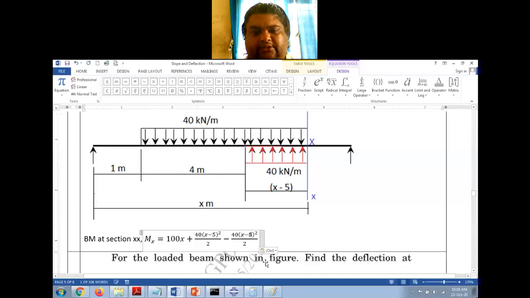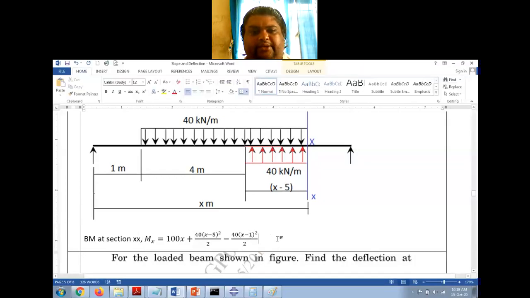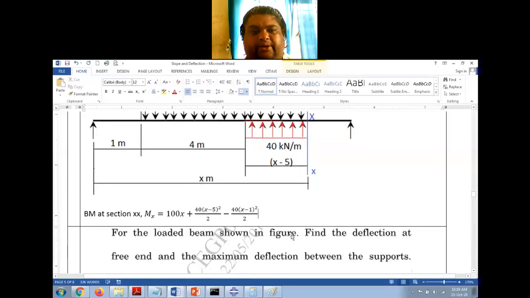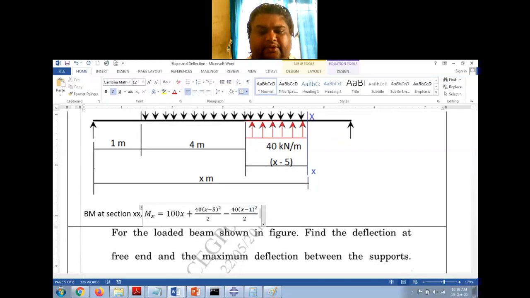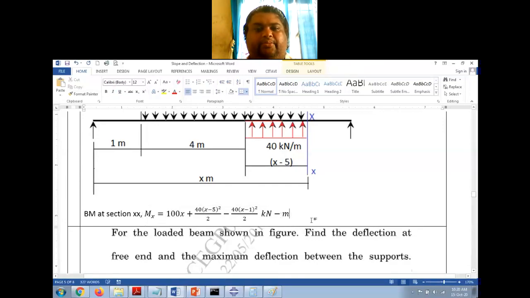So this will be x minus 1. So this is my bending moment value at section XX, and this is in kilonewton meter. I have taken everything in kilonewton and length in meter, right?